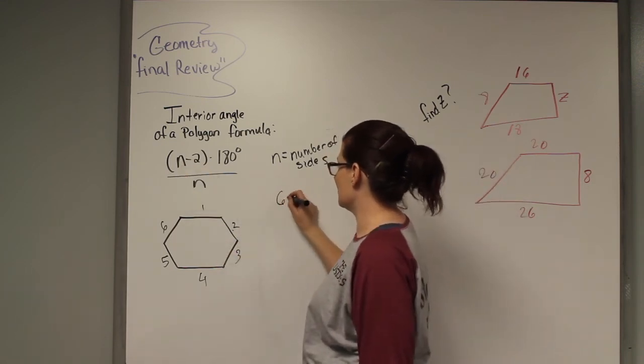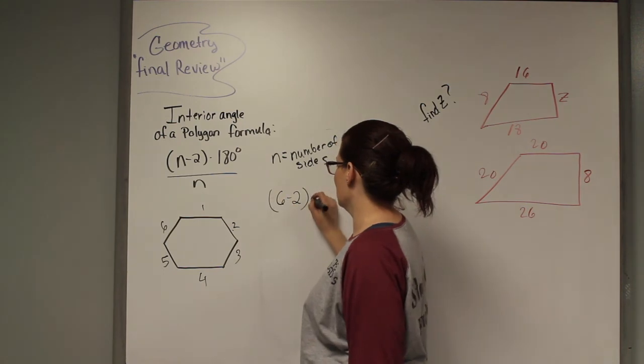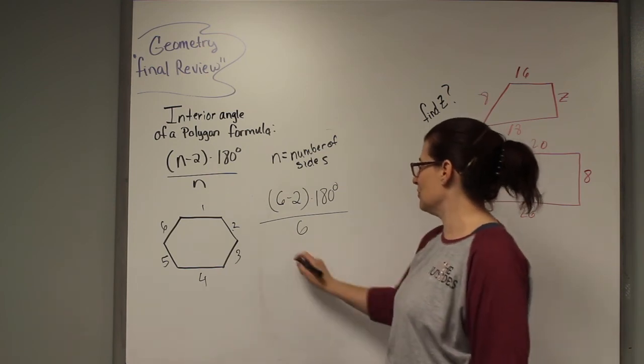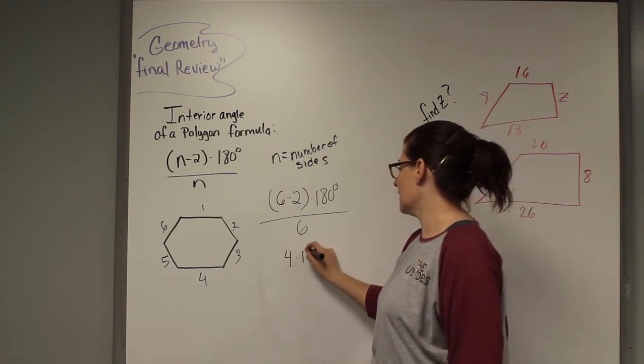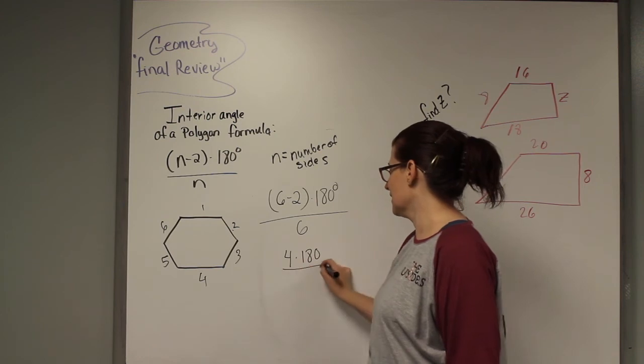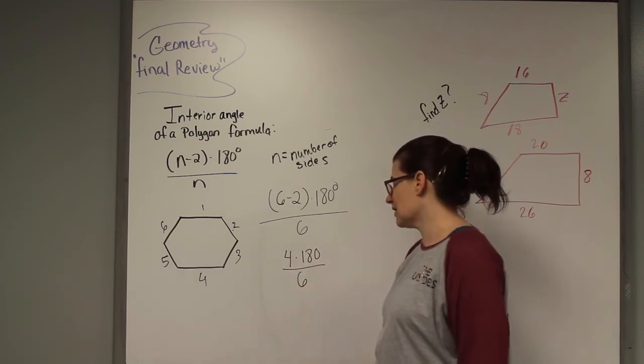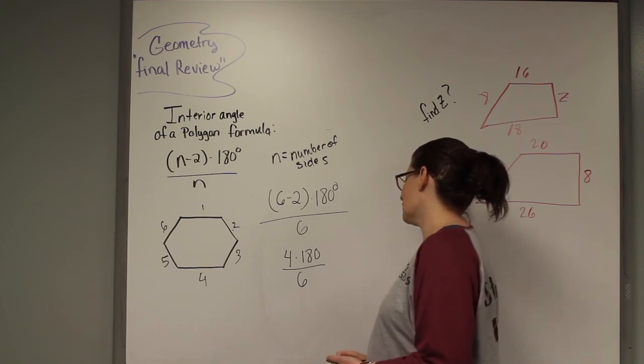So I'm going to go 6 minus 2 times 180 degrees all over 6. So 6 minus 2 is 4 times 180 degrees divided by 6. Now 4 times 180, let's see, that's 360 and 360.